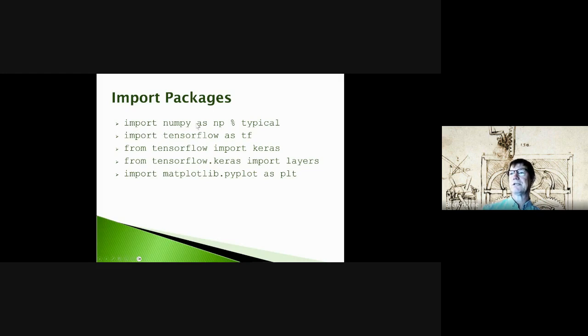We might import TensorFlow as tf, or we might want to import Keras from the TensorFlow library. So we do from tensorflow import keras, or actually we might want just the layers, so from tensorflow.keras import layers. So you see here, this is a bit of a namespace type of notation.